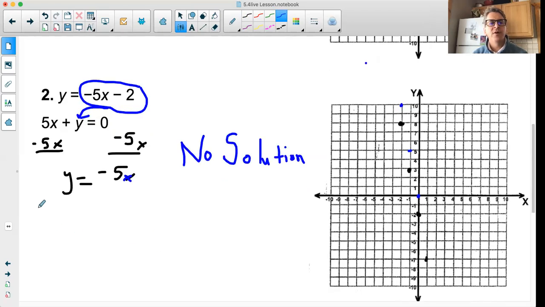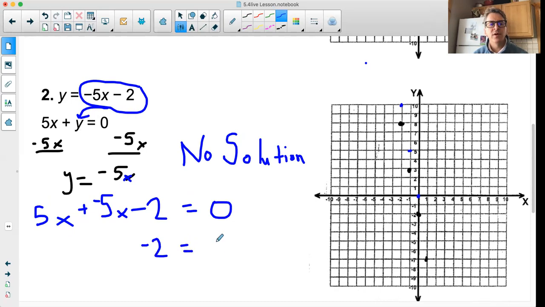And that would be 5x plus, now instead of y, I'm going to put negative 5x minus 2. And that's equal to 0. So the 5x's cancel each other and you get negative 2 equals 0. And once again, this verifies that we have no solution for an answer for number 3.